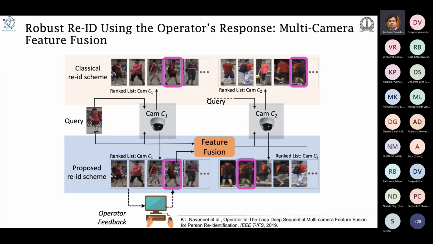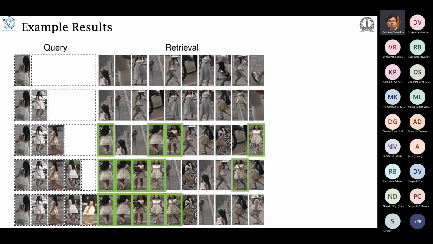Complementary semantic and visual information, and thereby you get a more robust feature to query the other cameras. So basically, you do this sequentially, and you can show that you end up getting better and better retrieval results as you combine more and more queries from different cameras.